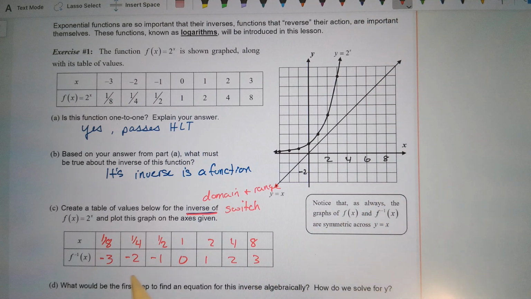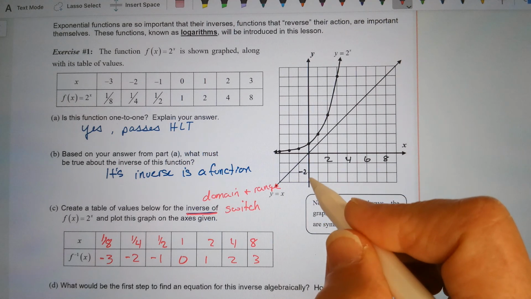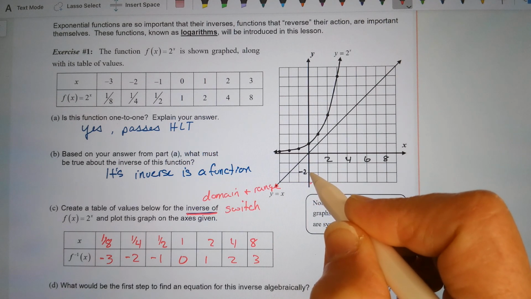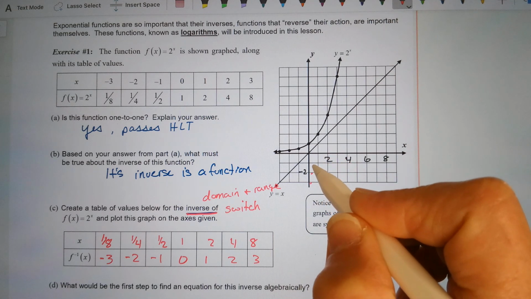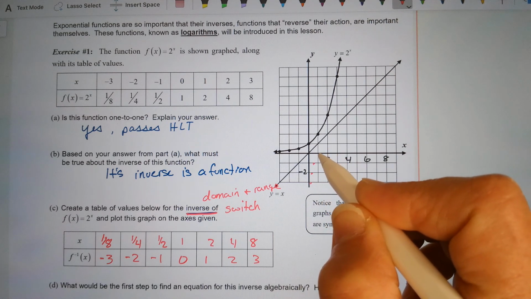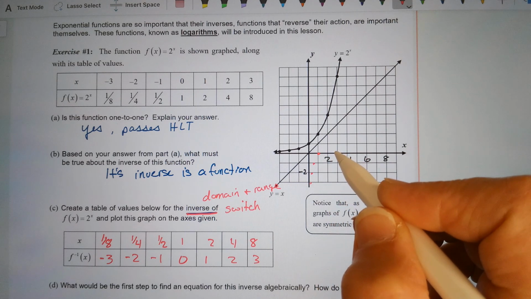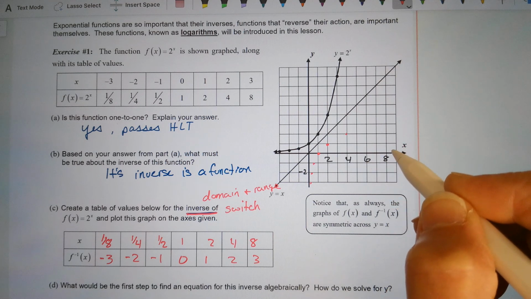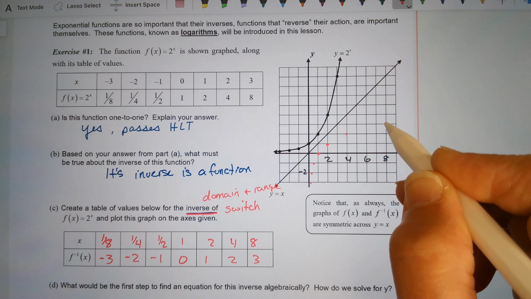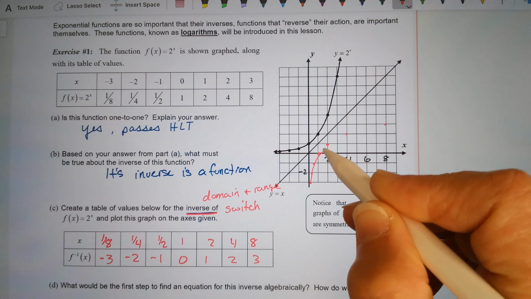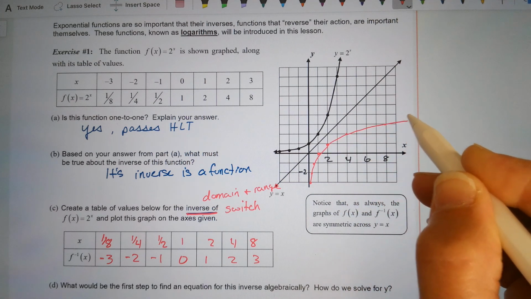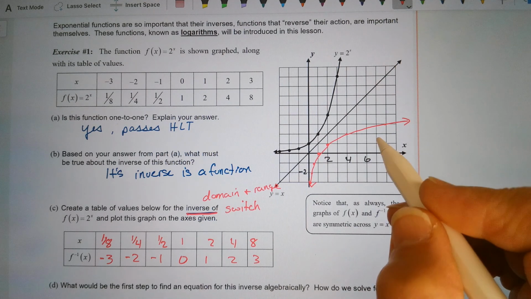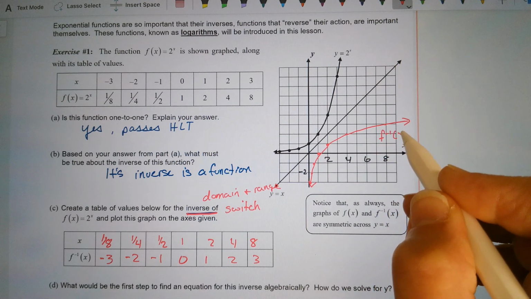Okay. 1, 8, -3. So this is f inverse of x.